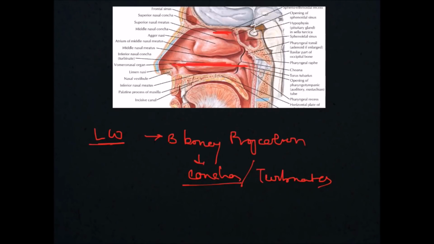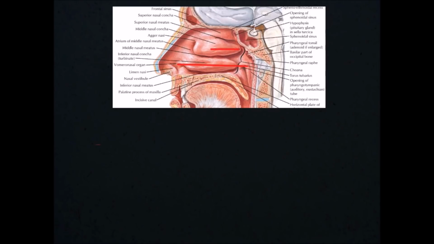In the posterior 1/3 part there is the superior turbinate. I hope I am clear. Inferior turbinate is the largest turbinate and is present in the whole length. Middle turbinate is present in the posterior half, and superior turbinate is present in the posterior 1/3 of the nasal cavity.